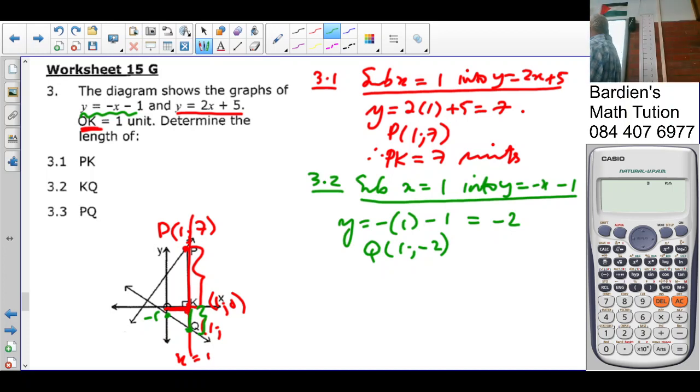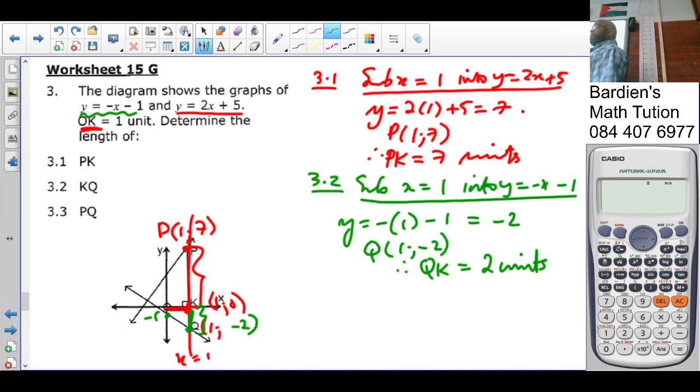But have I answered the question? No. Therefore, the length of KQ would be? Would it be negative 2 or 2? 2. Why 2? Because length is never negative.